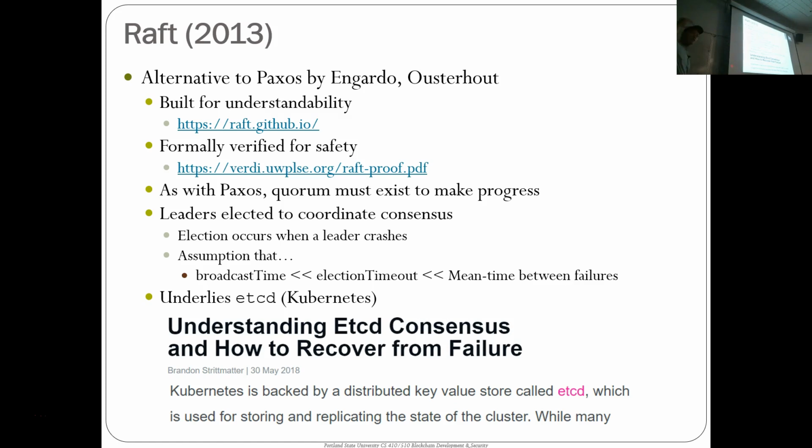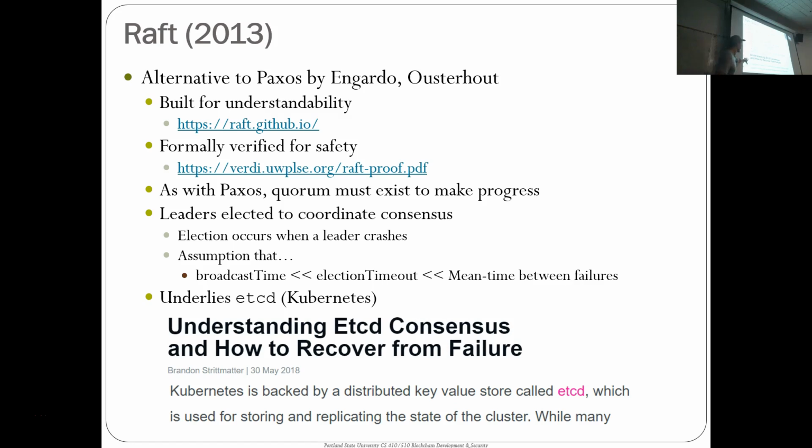This is fault-tolerant, it's supposed to handle crash faults, so you need to be able to handle crashes in the leader. The way Raft handles this is if a leader crashes, then there's another election to elect a new leader in the consensus protocol. The assumption is that the election timeout is much less than the mean time between failures in order to keep the system live. That's one of the properties of Raft.